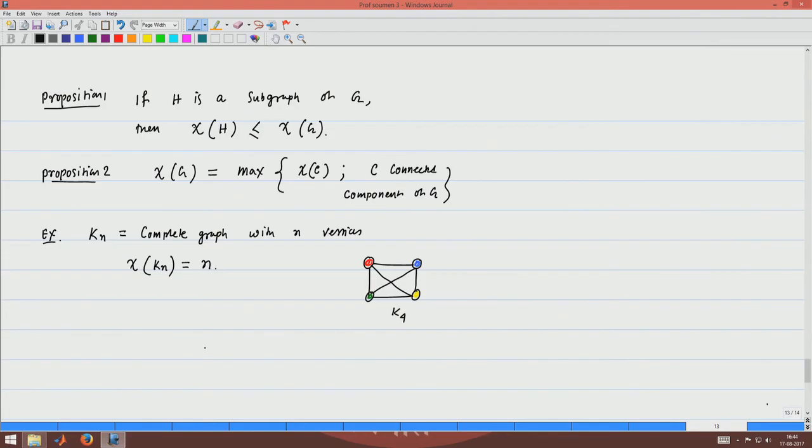Now, we talk about bounds. So, we learn what is a clique.